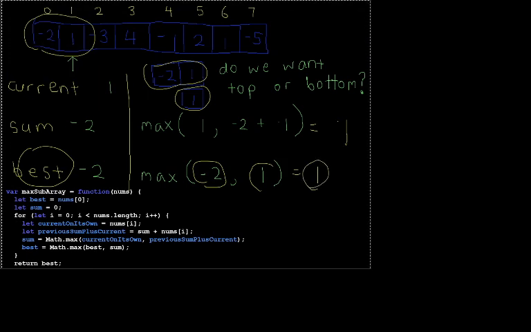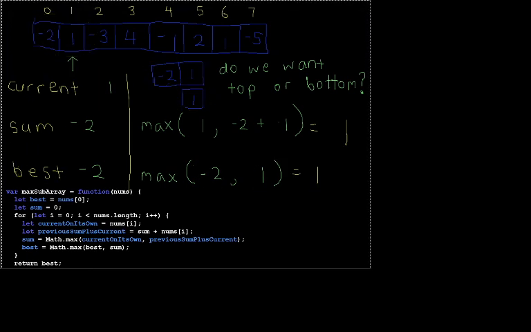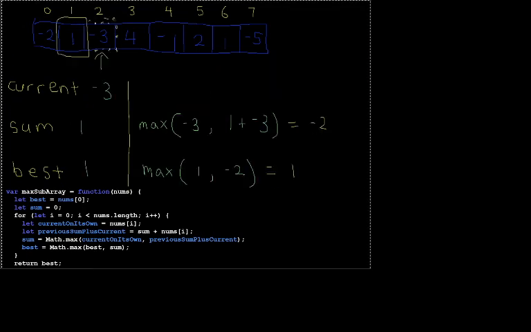Now if you look at the next step, here's where you get to the sliding window part. Previously the best sum was 1, so that means that you selected the sliding window to not include the value of -2. The previous sliding window is now just the value of 1, and you want to see if you want to extend that sliding window to also encompass the value of 3.